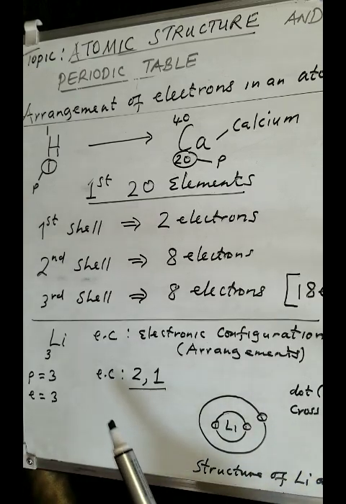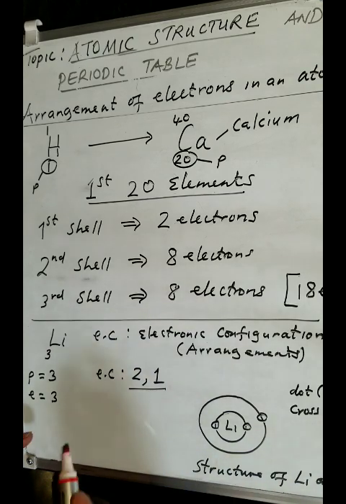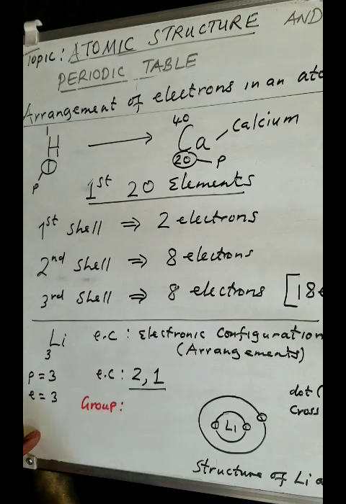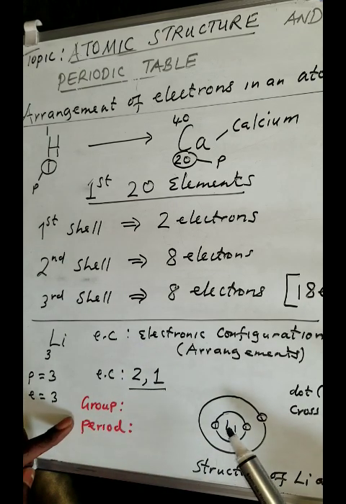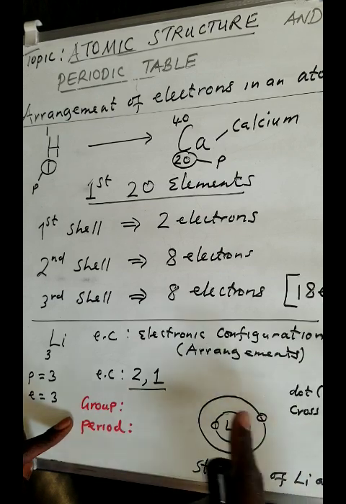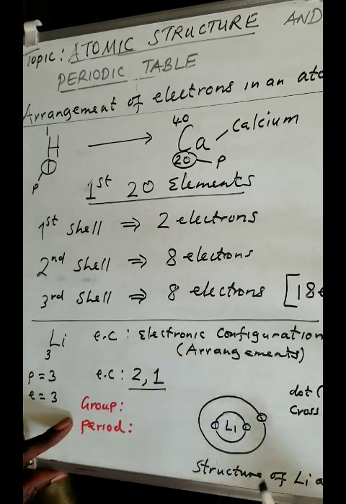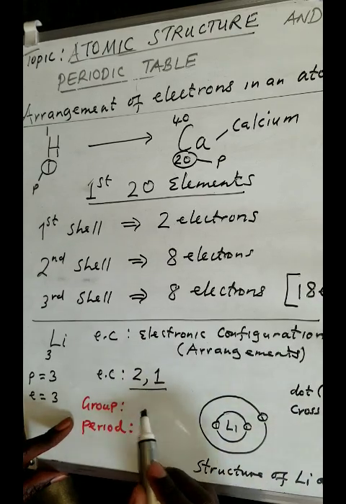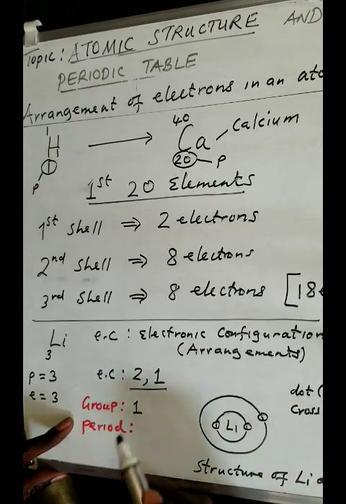Now, the electronic configuration can also tell you a whole lot of things. It can tell you the group to which a particular element belongs, and it can also tell you the period. If you look at how many electrons are in the outermost shell, the last shell, there's only one, meaning that lithium is in group 1.